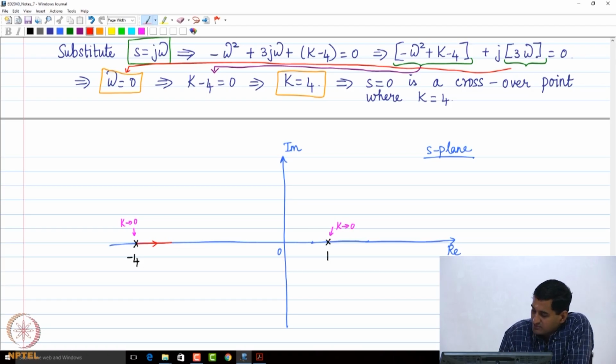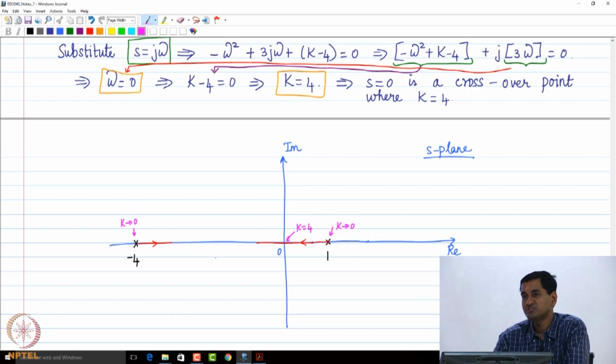So one branch of the root locus starts from -4 and another starts from +1 in this direction, and of course there is a crossover at 0. You need to mark all the important points. At the crossover point the value of k is 4.